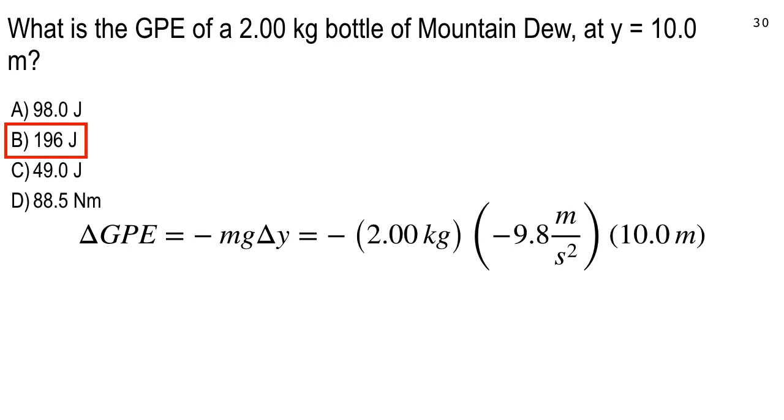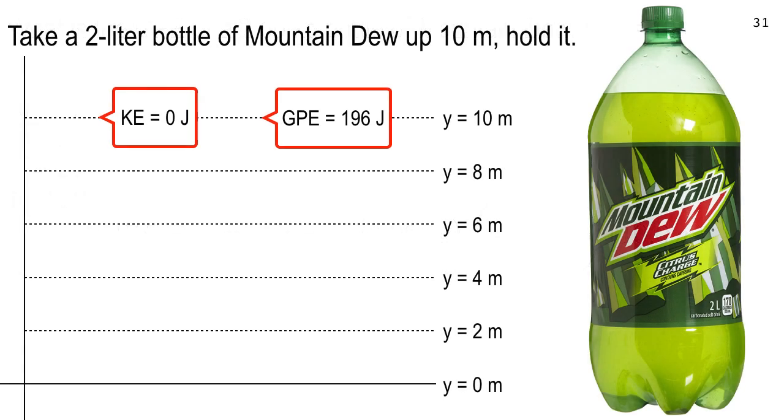So there's your calculation. Now, on your table like this, you can write down that kinetic energy up there is 0 because you're holding it there, and it has potential energy of 196 joules. All right.